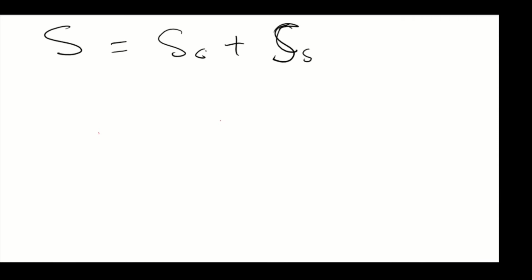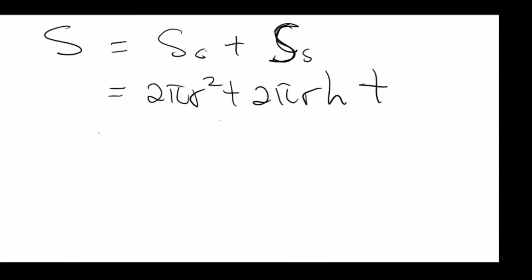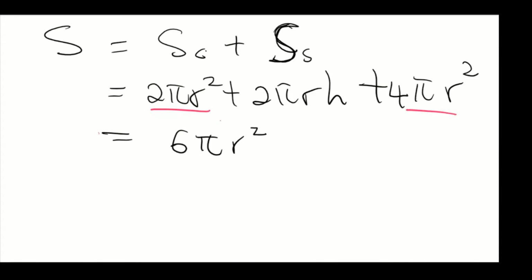The surface area of a cylinder is 2 pi r squared plus 2 pi r h, plus the surface area of a sphere, which is 4 pi r squared, right? So we're going to add like terms. So it's going to be 6 pi r squared plus 2 pi r h.